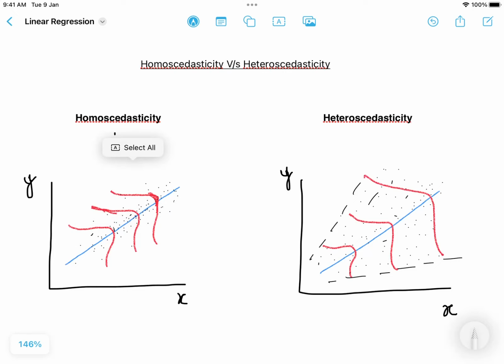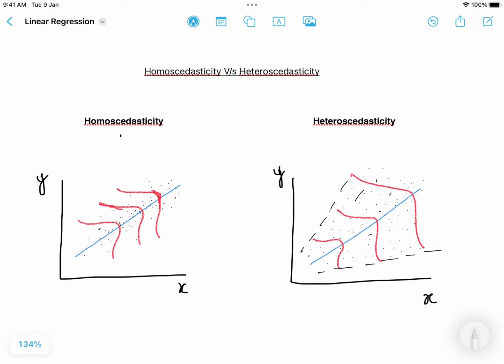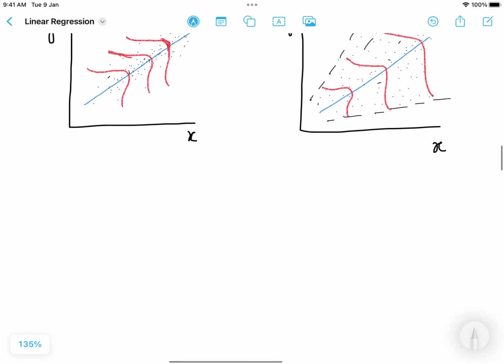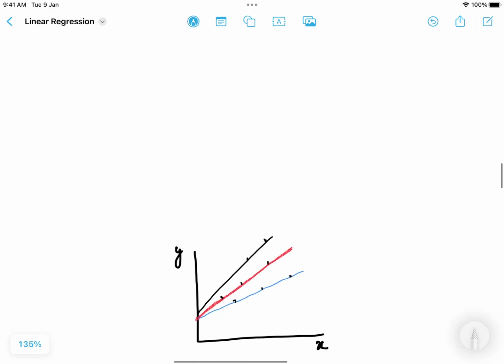These red lines should not look like the red lines in the heteroscedasticity graph. The distribution of these lines should be the same, the spread should be the same. Okay, so that's all about the assumptions.